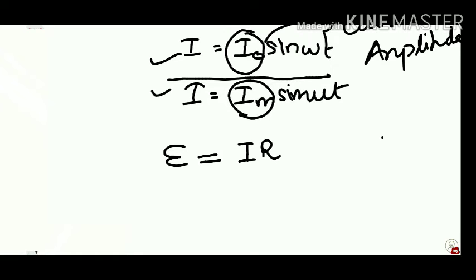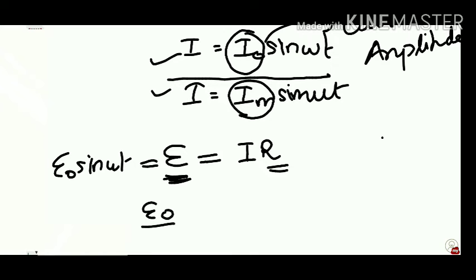Then can't I write this E as E naught sine omega t, which is epsilon naught, as written earlier? So I bring this R to the denominator, that is epsilon naught by R sine omega t is equal to I.